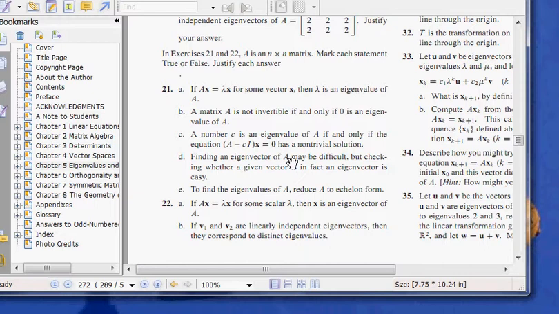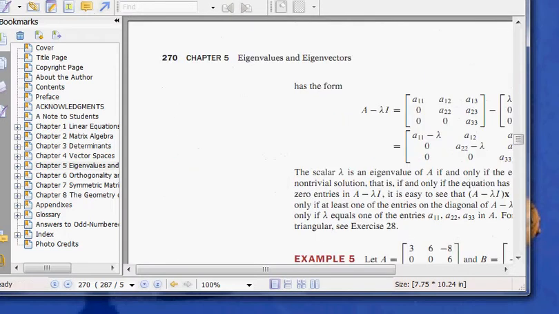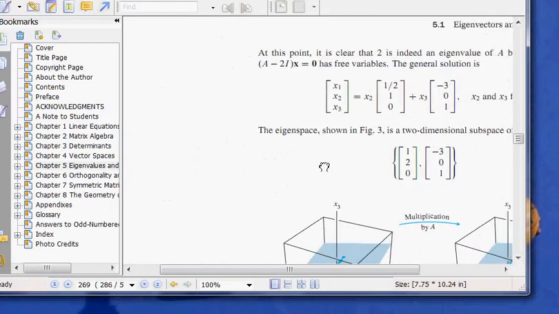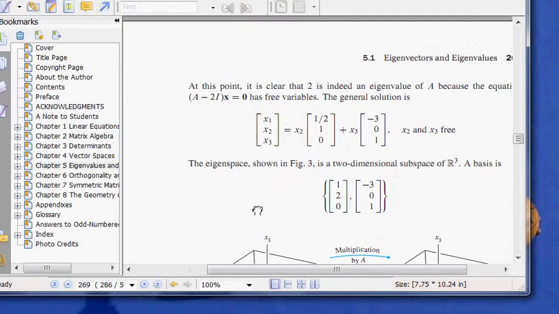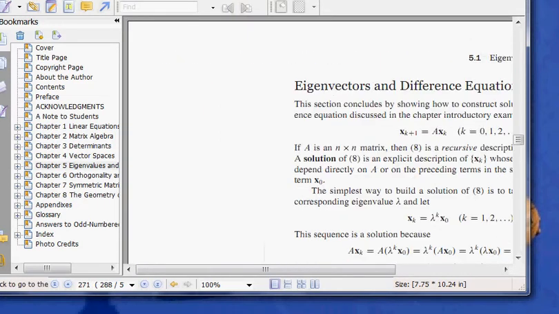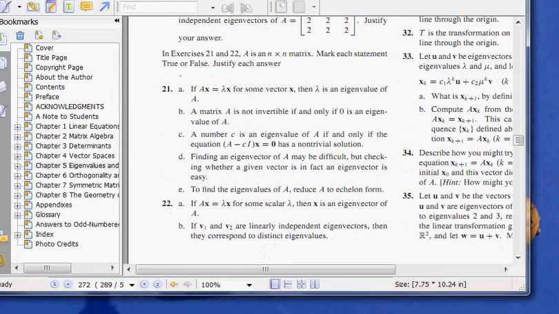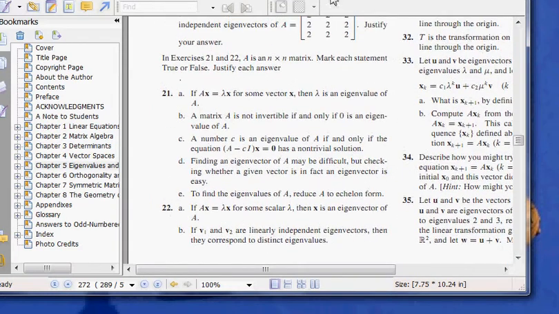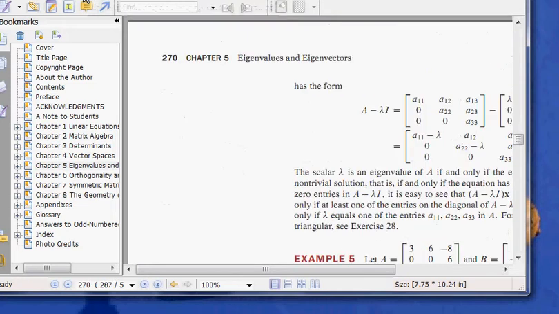B. If v1 and v2 are linearly independent eigenvectors, then they correspond to distinct eigenvalues. This is false. You know why? Go back to example 4. Sorry, I need to read the question again. I almost forgot the question. Okay, look at example 4.